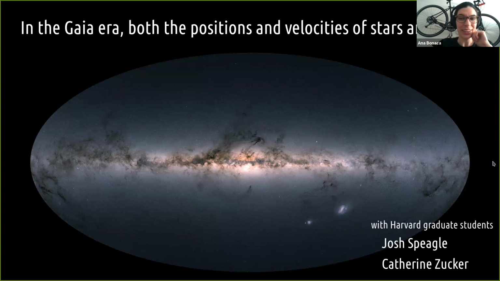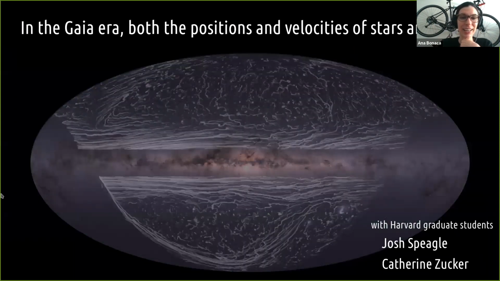This is the kind of information we had before and got the map of GD1, as you saw. However, what we now also have is very precise measurements of velocities of stars in the galaxy as well.